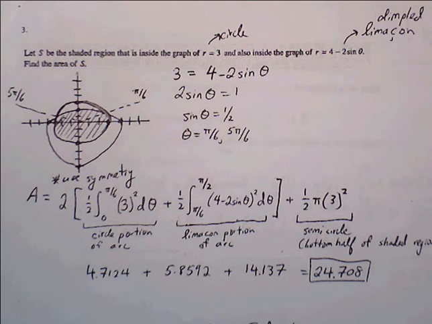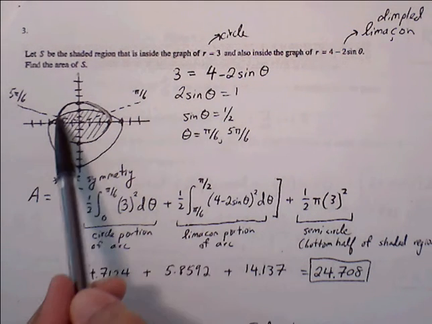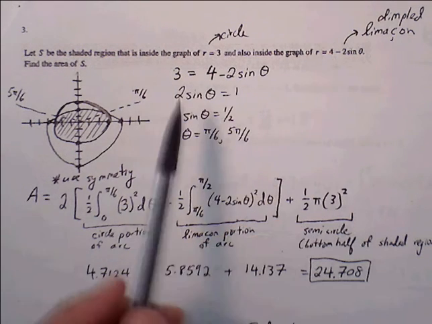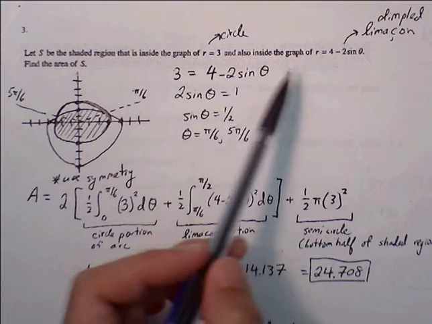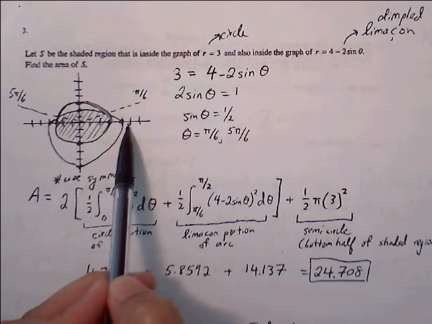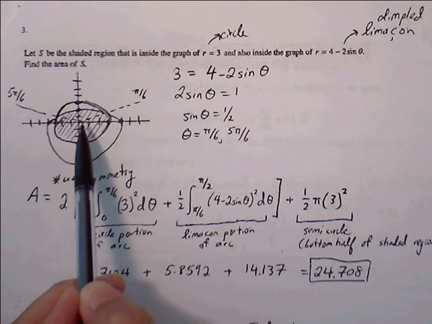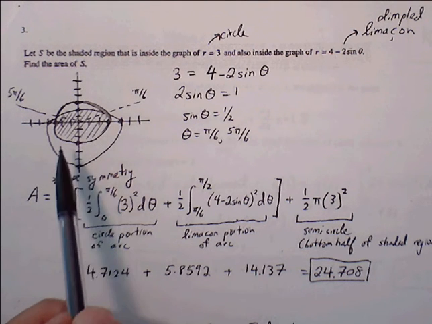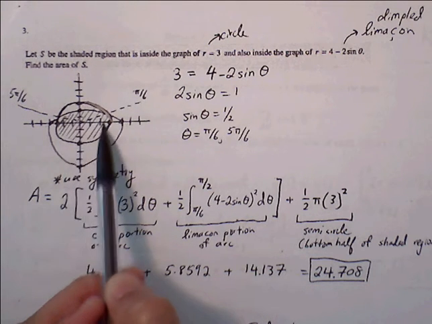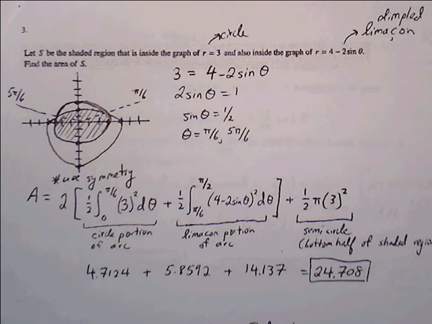And inside the graph of r equals 3, so inside the circle, and also inside the graph of r equals 4 minus 2 sine theta. That's the dimpled limaçon, and we have our graph. It looks like this here. So let's shade in the portion that we want to deal with.